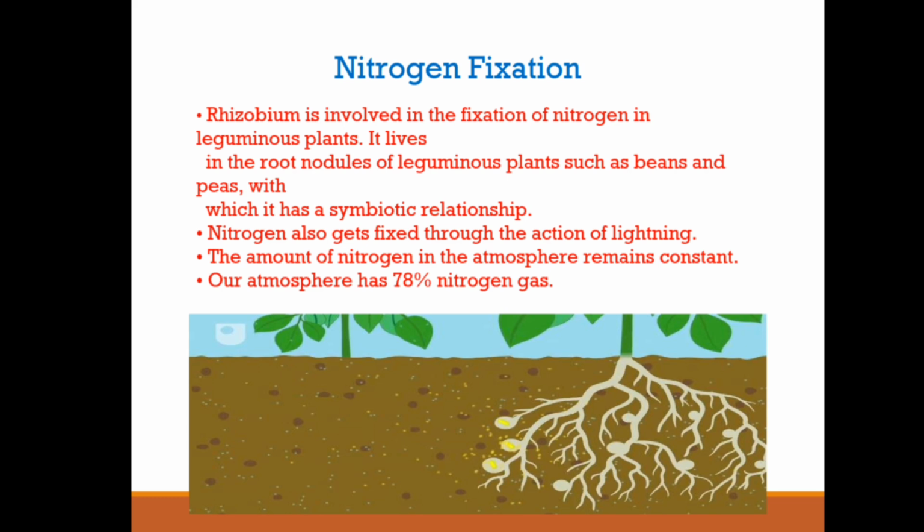In the picture you can easily see the roots of a leguminous plant having nodules in it, which are called root nodules, that is bulb-like projections in the roots.